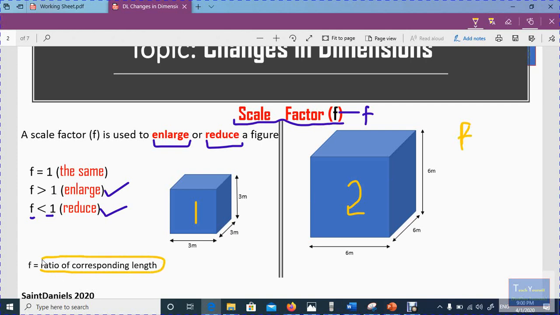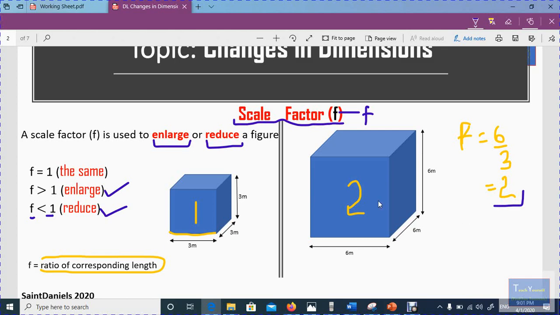What do I mean by that? Let's say this length is 6. So we have the ratio, 6 over the corresponding length of figure 1, which is 3. So 6 over 3 gives 2. So 2 in this case is the scale factor. That's how you find the scale factor.